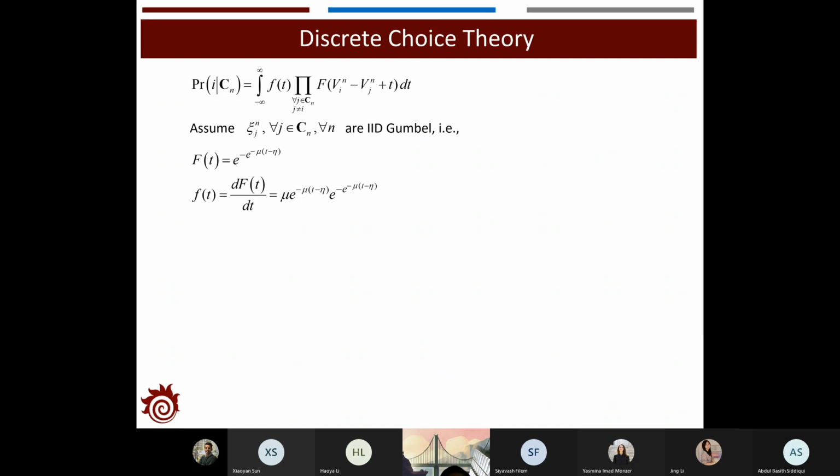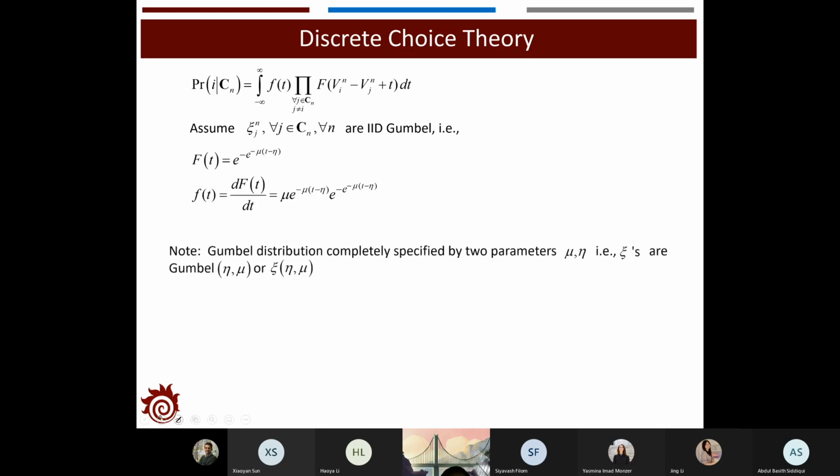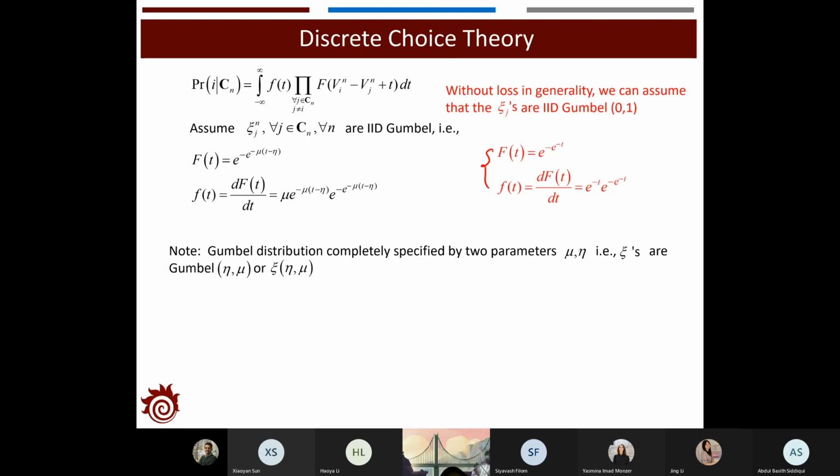We assume that the random term follows the i.i.d. standard Gumbel distribution, and we can find the expression of the standard Gumbel distribution, and we derive the probability of choosing mode i as the multinomial logit model. Also, the deterministic component of the utility is a linear function of the attributes.